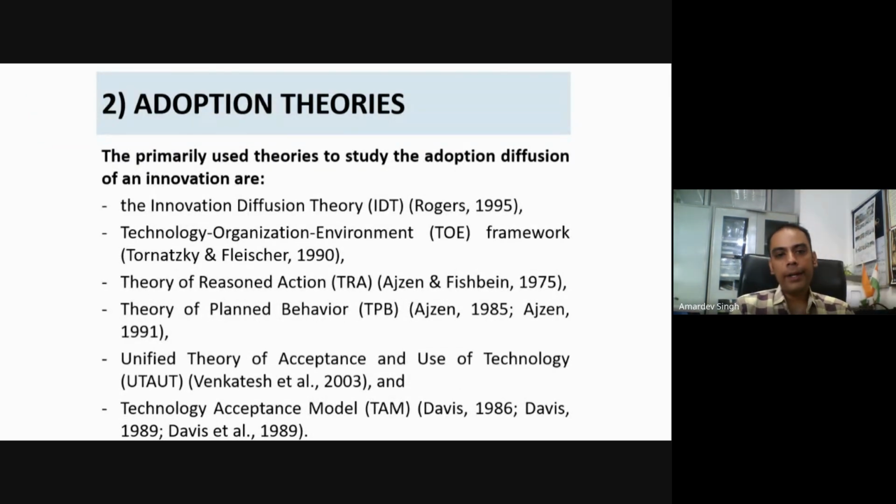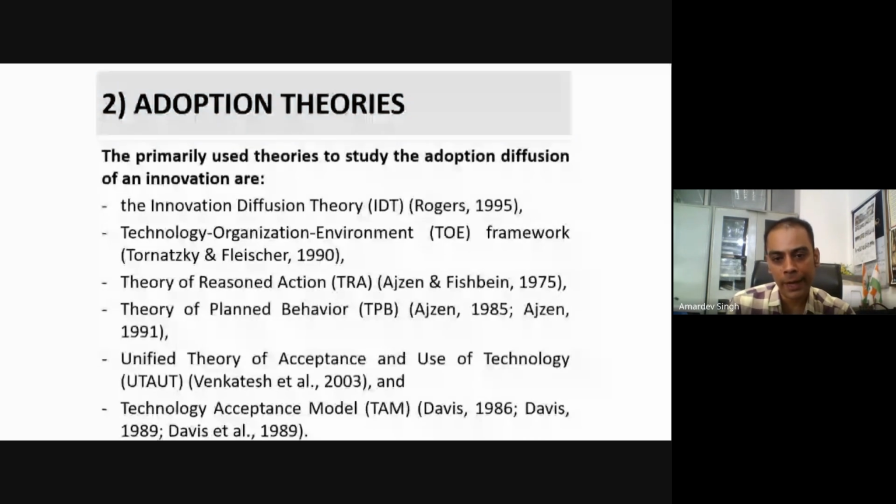There are various theories primarily used to study the adoption and diffusion of an innovation or a particular technology, summarized below. It can be innovation diffusion theory, as put forth by Rogers. It can be the TOE framework, as put forth by Tornatzky and Fleischer. It can be the theory of reasoned action, as put forth by Ajzen and Fishbein.